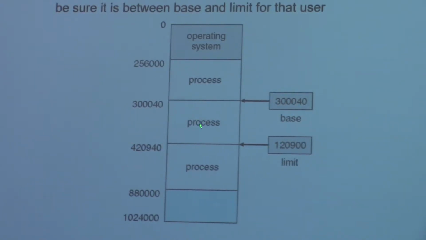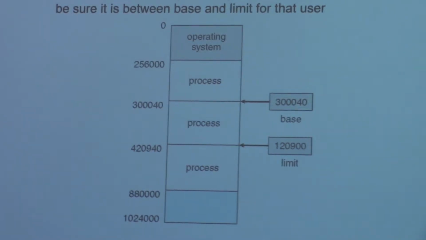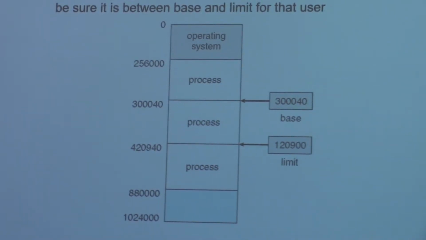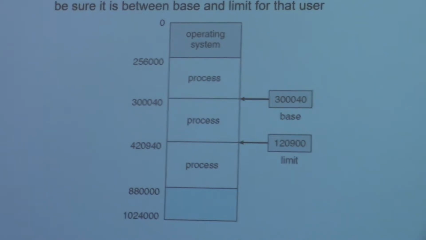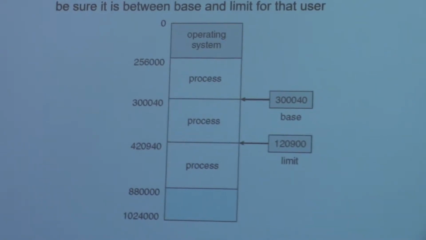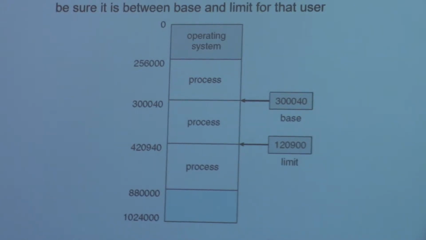So we need to protect each process. The idea is very simple. Protection in memory is the most important and first job you need to understand. To protect, we are going to use a very basic mechanism.